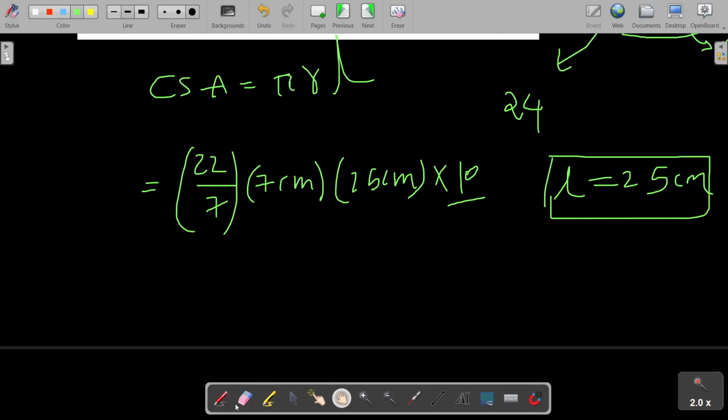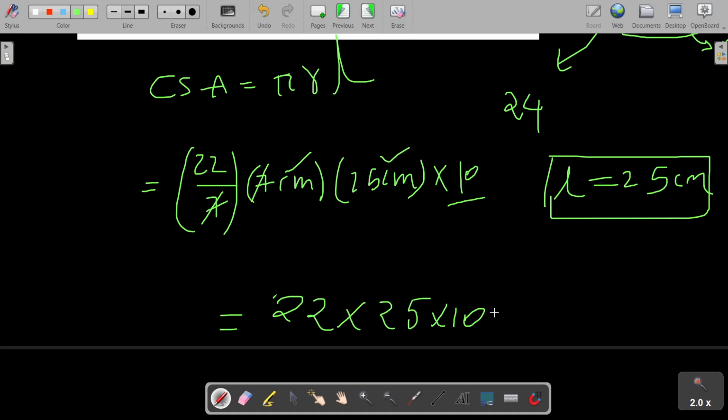The 7 gets cancelled. We are left with 22 times 25 times 10, and this centimeter gets multiplied, it becomes centimeter squared.